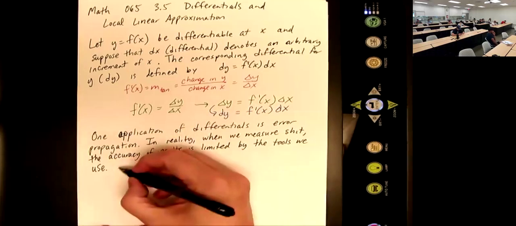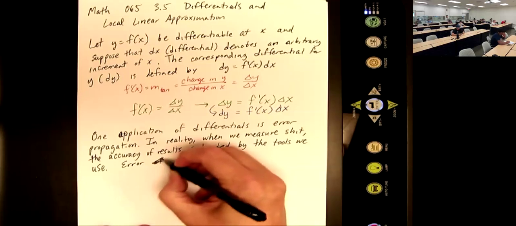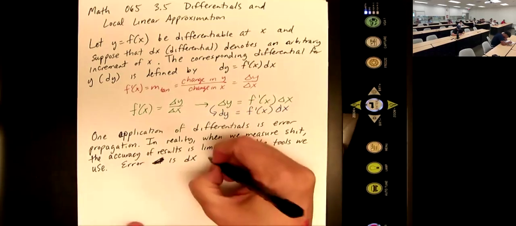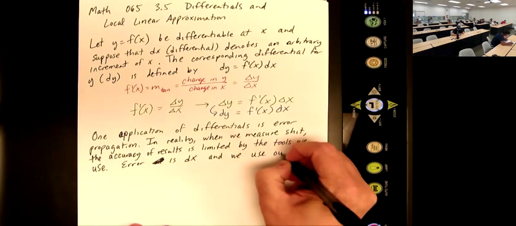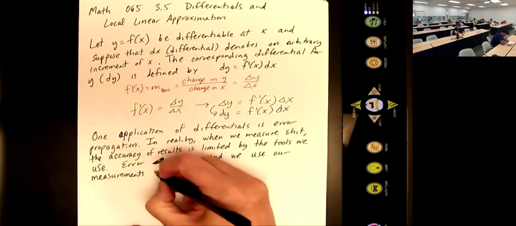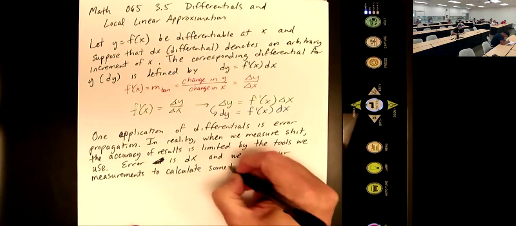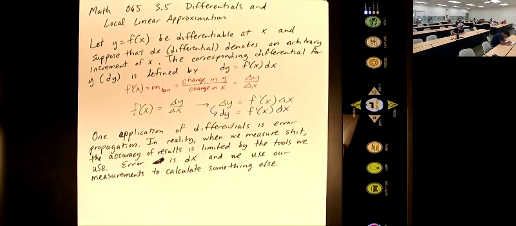And the error ends up being our error is dx. And we end up using our measurements to calculate something else. Maybe not when you're stepping on the scale, but in the sciences and engineering, when you're measuring stuff, it's often because you need to do something else with it.